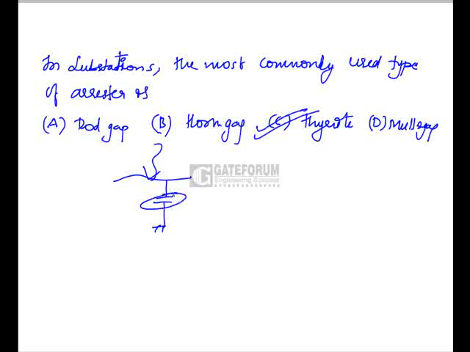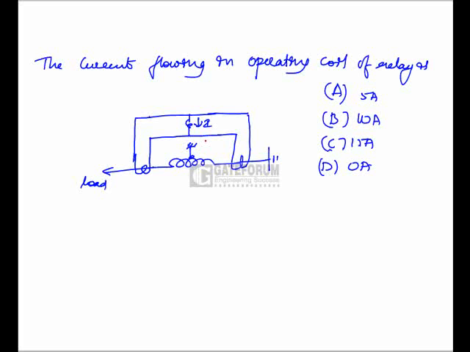This capacitor's dielectric strength should be designed such that when the lightning surge is of 10 kilovolts, it acts as a short circuit, so the effect of the lightning surge is transmitted into the ground. The best suited for a substation is the thyrite lightning arrestor, so option C.